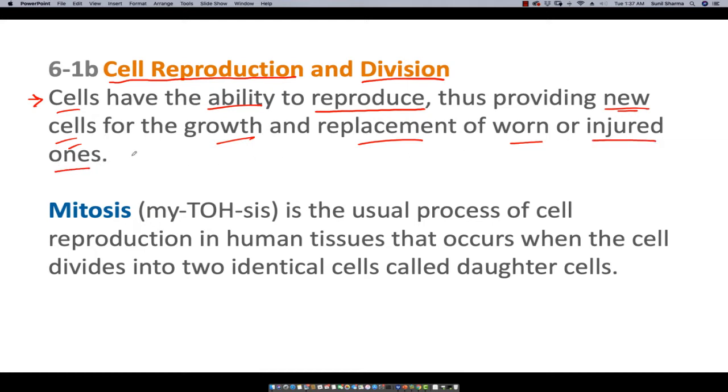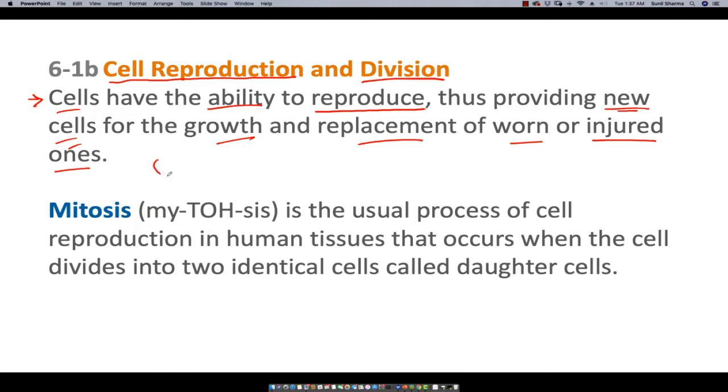So cells, while they're living organisms or living units, will also get worn out and will die and will need to be replaced. And those are replaced by the cells that are fresh, that are going through the division process.